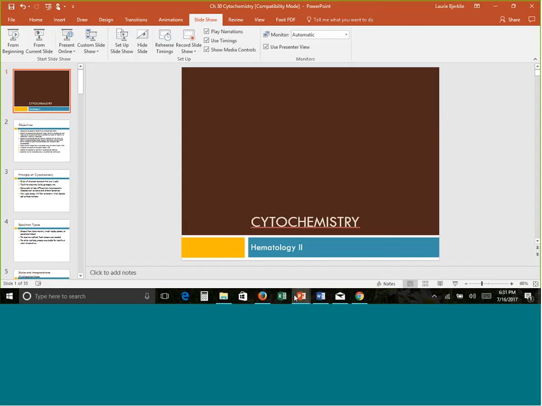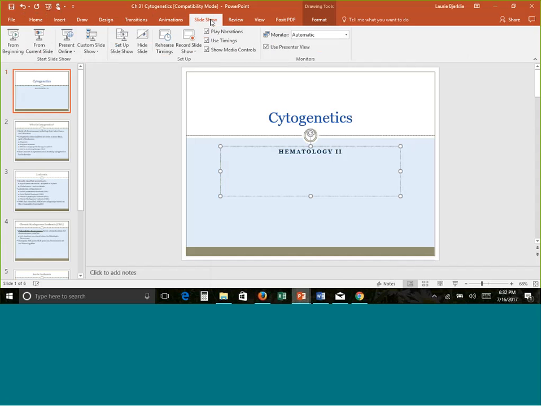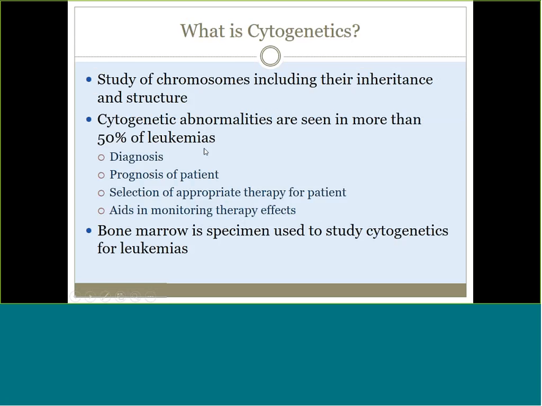All right, so the next chapter is cytogenetics. Thankfully, this is a much simpler chapter than the one that we just went through. So most of your information is in the other chapter for the week. Cytogenetics is basically the study of chromosomes. So there are a lot of different cytogenetic or chromosome abnormalities that can occur to create a leukemia.